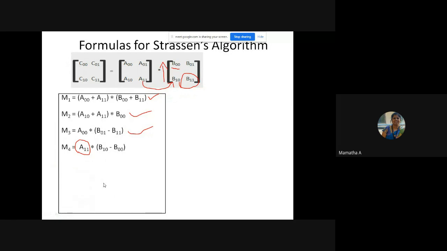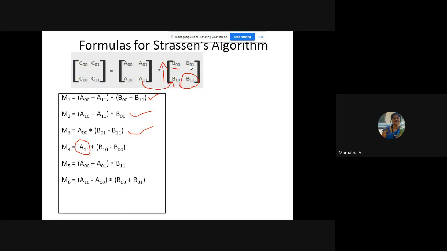Followed with that is M6. So M6 you can see A10 minus A00. A10 minus A00. That is in this way, upper direction of first column. A10 minus A00 multiplied with B00 plus B01. Yes, right?